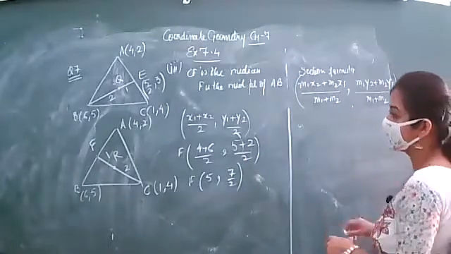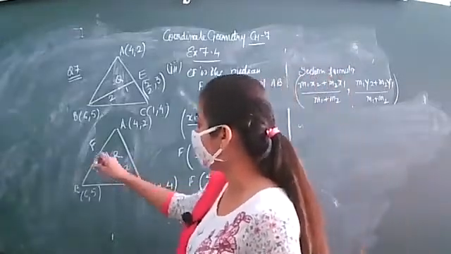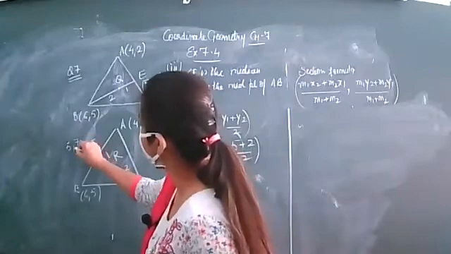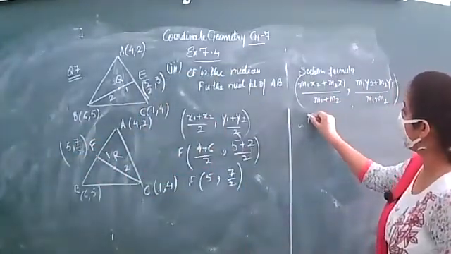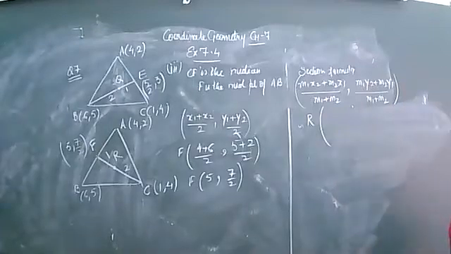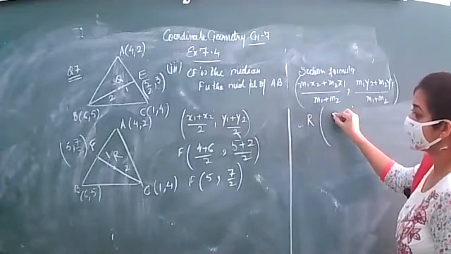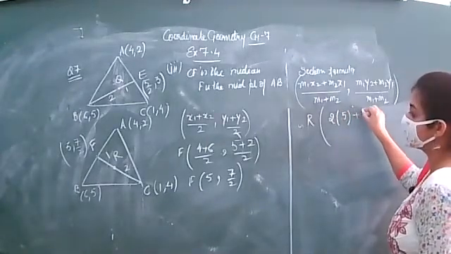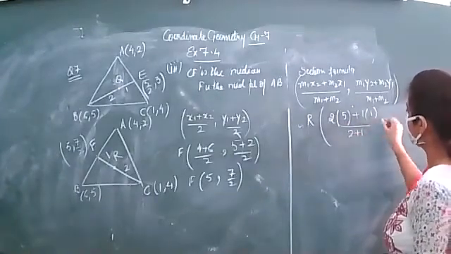Now apply the section formula on this C and F and get the value of this R with the ratio 2:1. So this is your (5, 7 by 2). Now apply the section formula on R. Find the coordinate of R by using the section formula. This is (2 into 5 plus 1 into 1) by (2 plus 1).